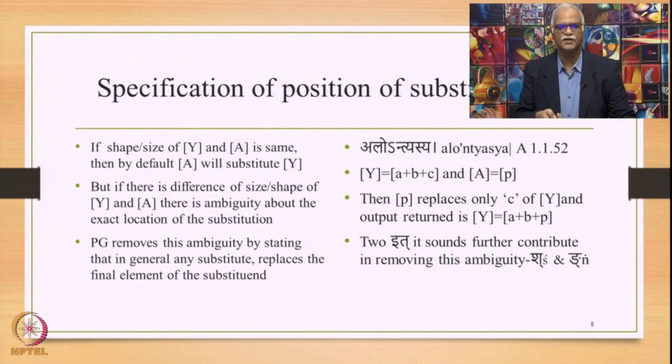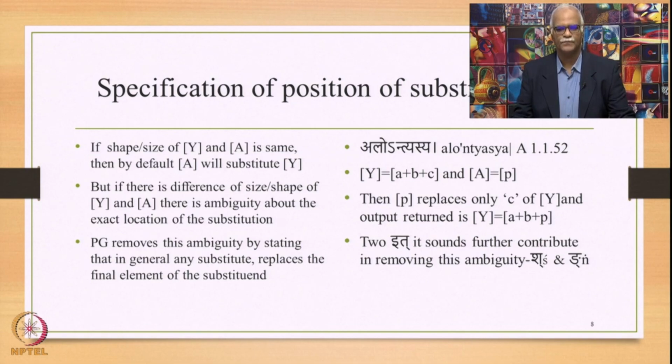So, this is stated by sutra 1.1.52 alontyasya. So, if y is made up of 3 sounds A, B and C, and if A is made up of, let us say, one sound P, obviously there is a difference of size of y and A. Now there is a problem as to where A will replace y.